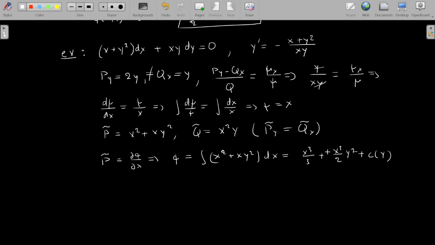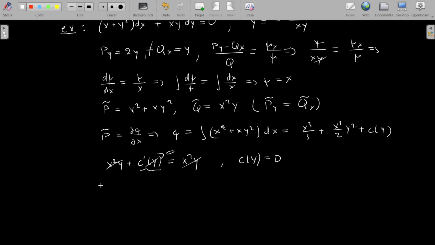And finally, go ahead and differentiate this with respect to y, and we'll get x squared y plus c'(y) is going to be equal to what? To Q, but our new Q. So x squared y. This and this goes away. This is 0, meaning that this is just a constant. It does not depend on y.